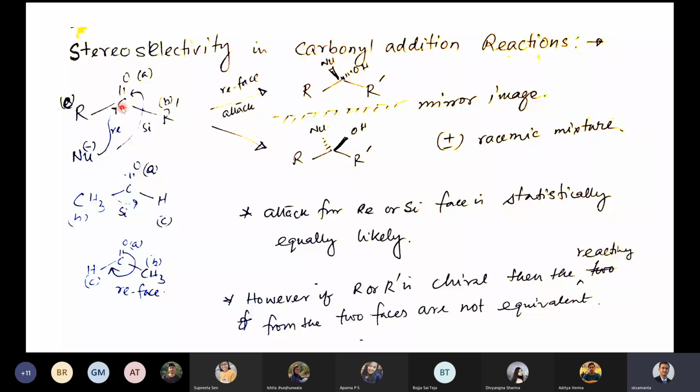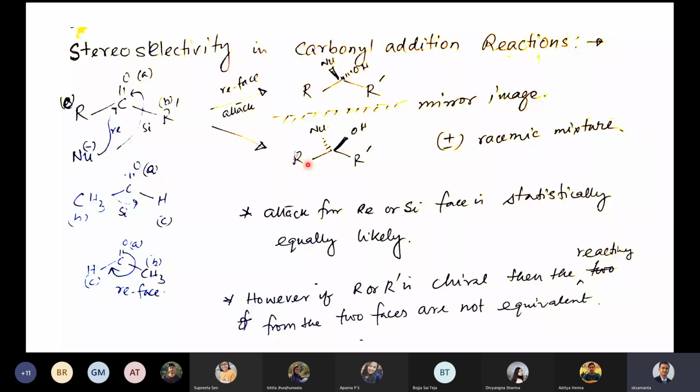So this R prime nucleophile is coming from the top, above the plane, and OH is going back, below the plane. The below side is the Si phase. If the nucleophile attacks from the back side, then OH will come to the front. So Si phase attack will give OH in the front and nucleophile in the back. Clear? This part is very simple.